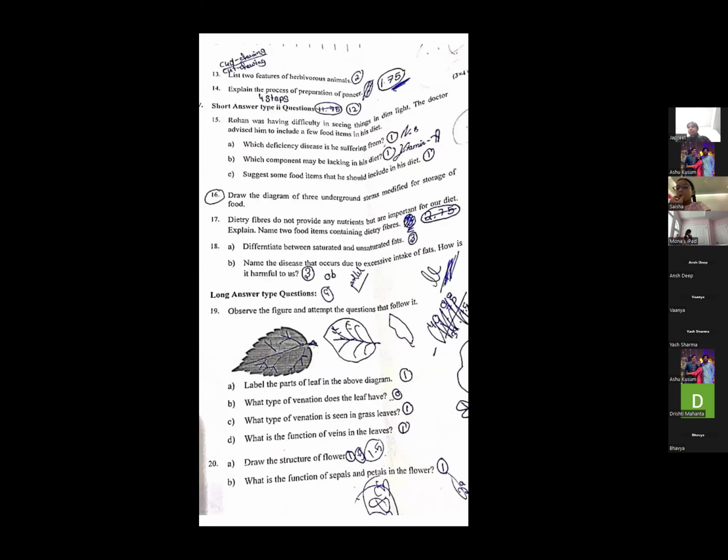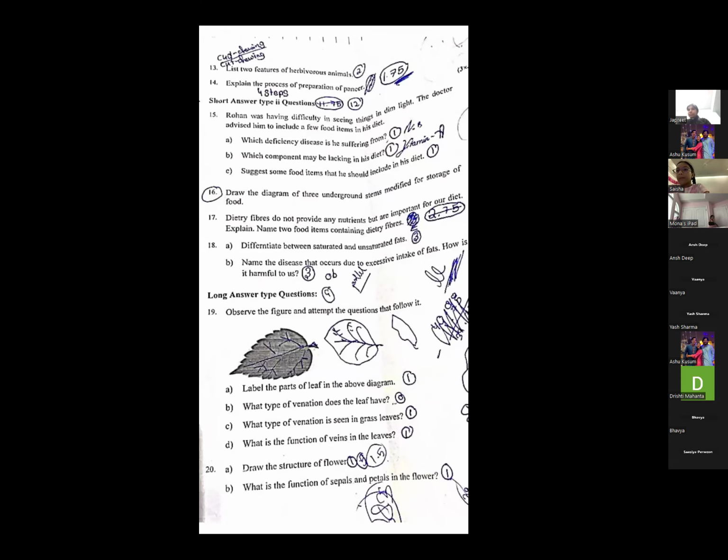Ma'am, next question they can do as homework now. List your favorite food item and mention its ingredients. The first question that you gave for homework we have done in the school.